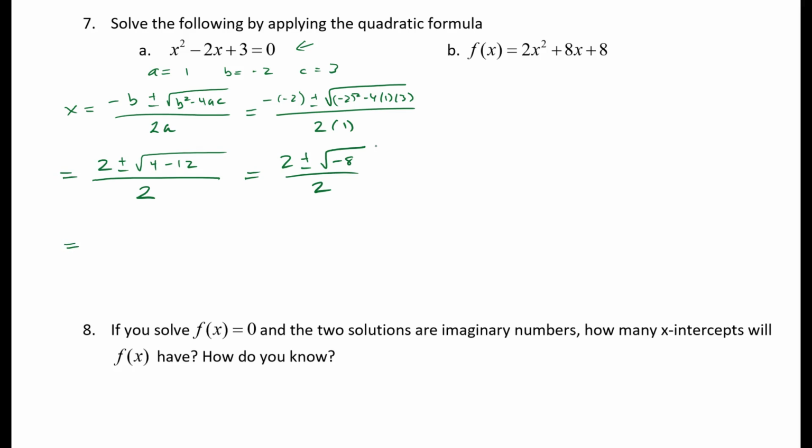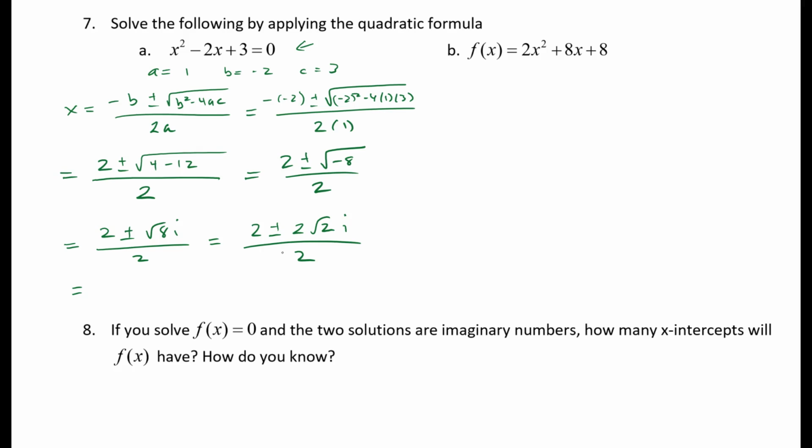Now we have to deal with that -8. We know that that's the same thing as the square root of 8i, by just taking out the negative sign there. And then the square root of 8 is 2 square roots of 2, still times i, all over 2.